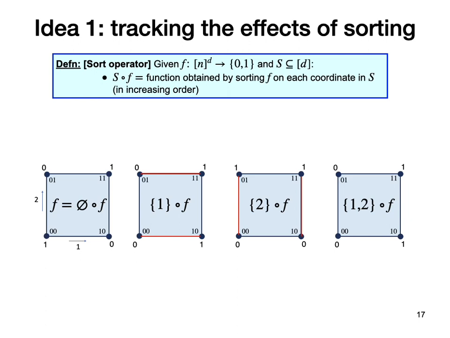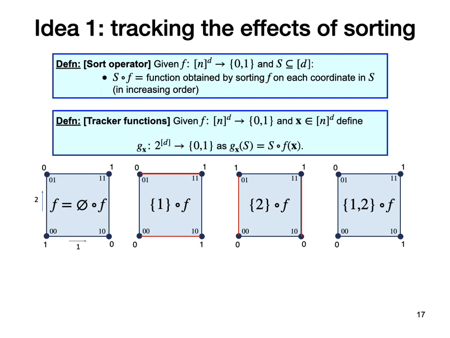Now using this operator, we define something that we call the tracker functions. Every point x in [n]^d gets an associated tracker function g sub x, which is a function over the hypercube, where the points in this cube are indexed by sets of coordinates.